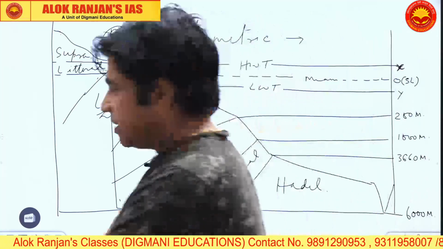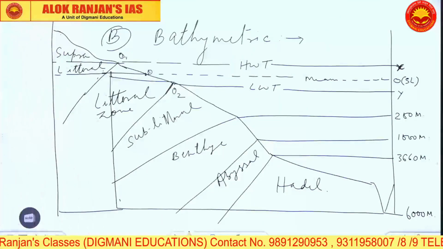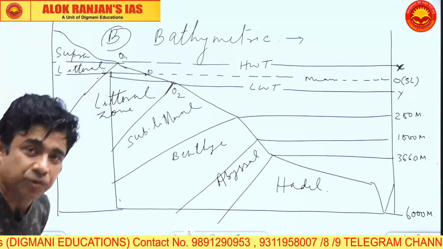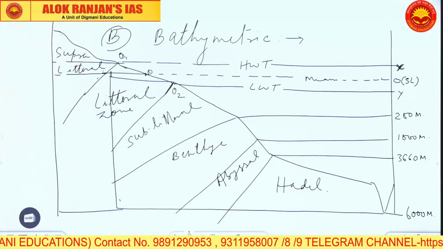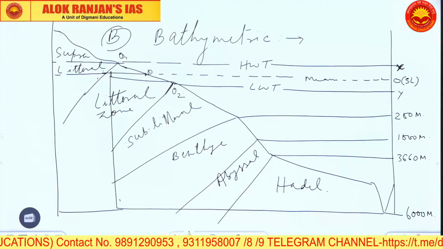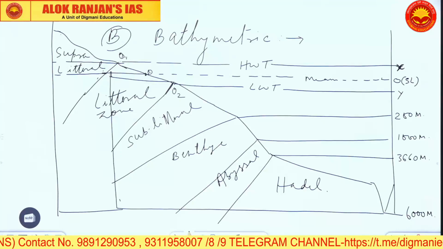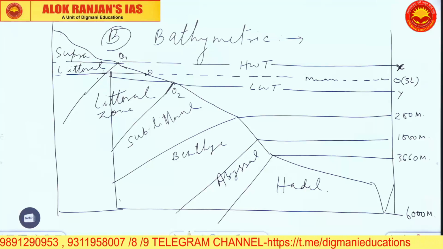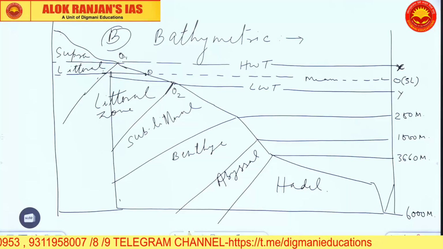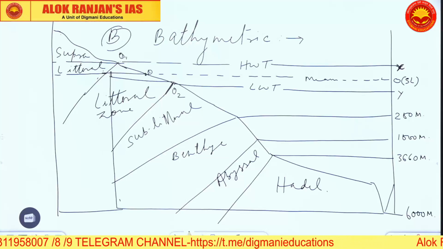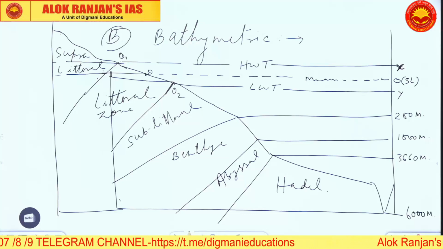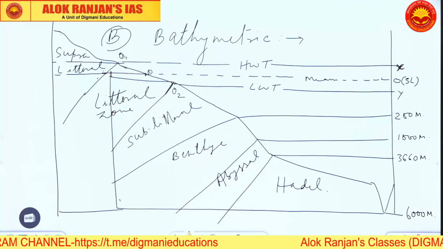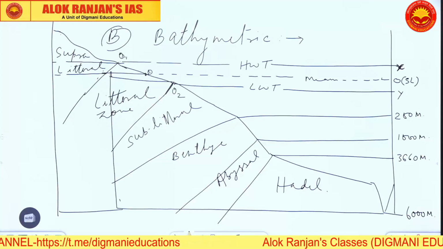I will be really interested in discussion here, that we have supralittoral. What is supralittoral? Supralittoral is the exposed part of the sea beaches. The supralittoral could be submerged sometime when the high water tide comes.